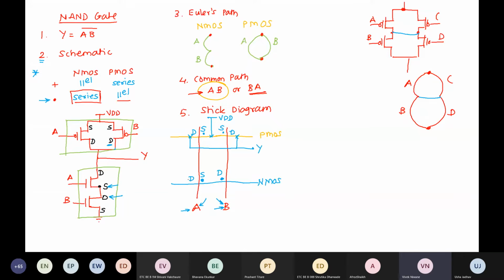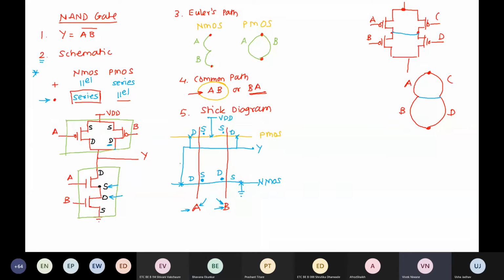Remaining terminal automatically becomes drain and this becomes source. Drain of A is connected to output and source of B is connected to ground. Have you understood this diagram? Yes, sir. Okay, great.